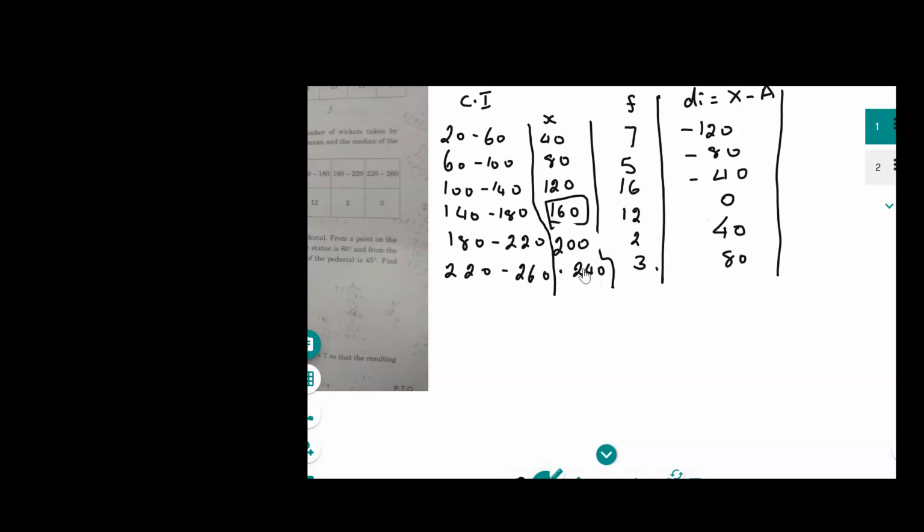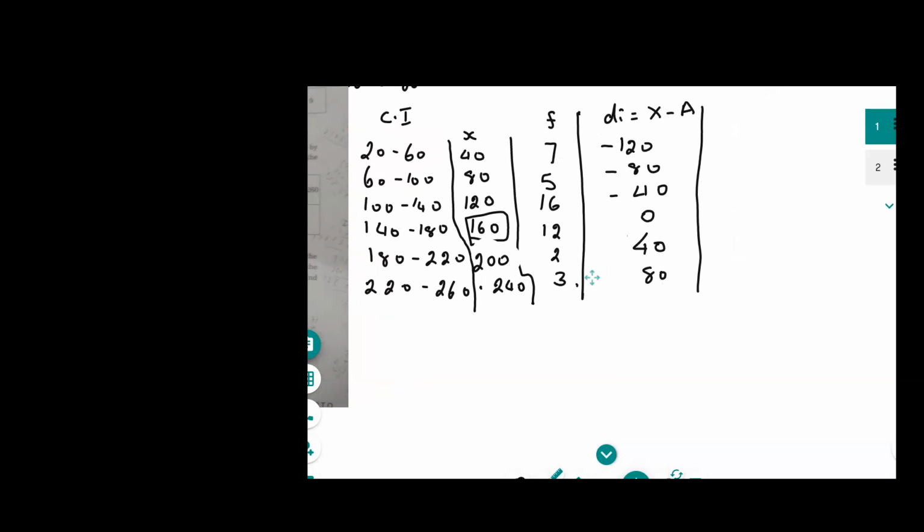Now they all have a common factor of 40. So let us divide by the common term 40. Ui is x minus a by h, where h is the common factor, that is the class size, 40. So minus 120 divided by 40 gives you minus 3, minus 2, minus 1, 0, 1 and 2.